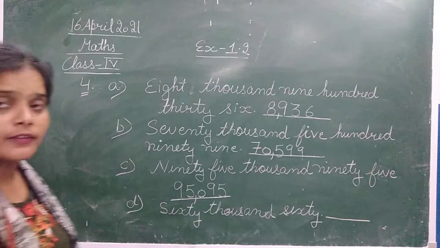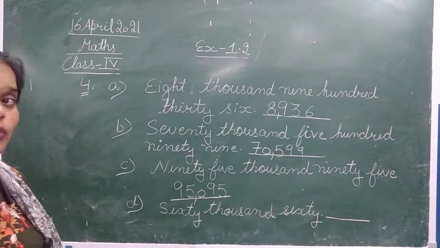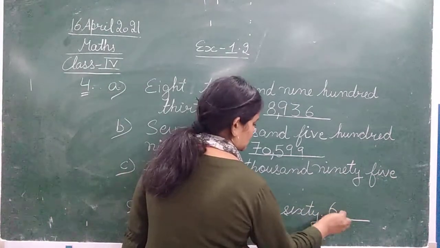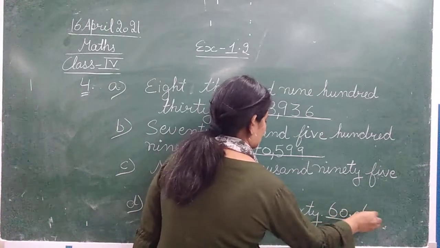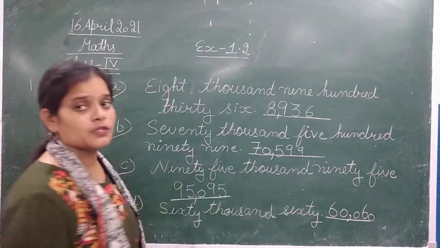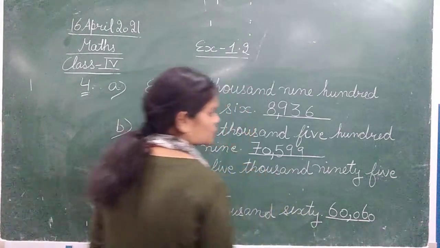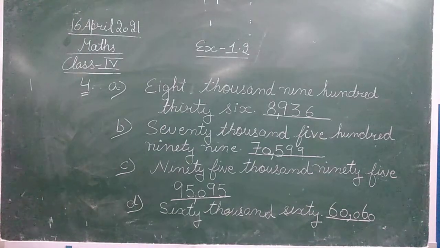Now what about the hundreds place? That means in this as well, there is no number at hundreds place. So there we will put 0. That is 60,060. 60,000, that is it. Then 60. So the 100 place पे कुछ नहीं है, that is 0. 60,060. Okay.